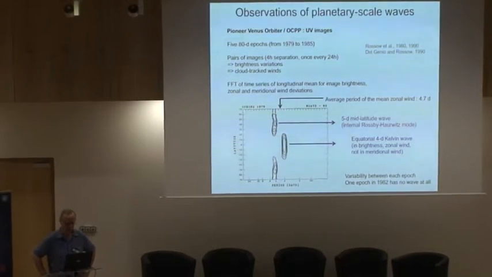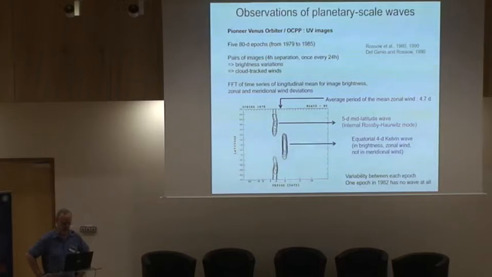From several series of data, consisting of both brightness variations and cloud-tracked winds, allowing to retrieve the oscillations of the wind, that is the zonal and the meridional wind, it has been possible to make a Fourier transform to try to find periodicities.